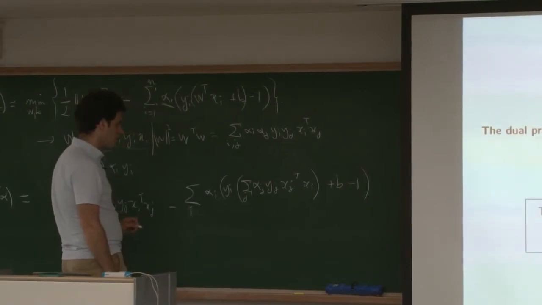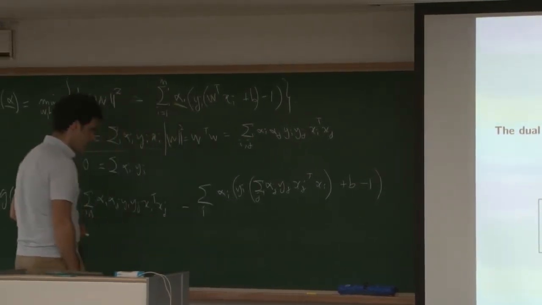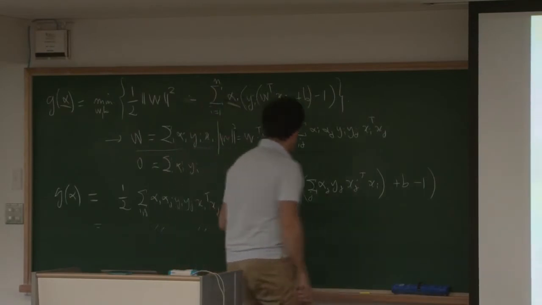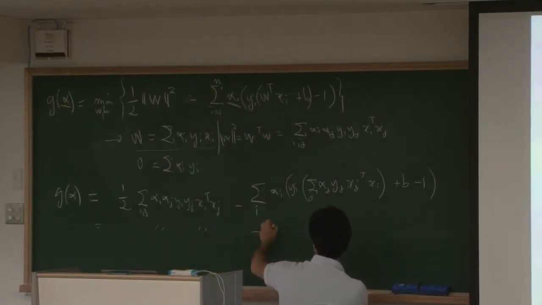Again, sum over ij of alpha I, yi, alpha j, yj, xj transpose xi.